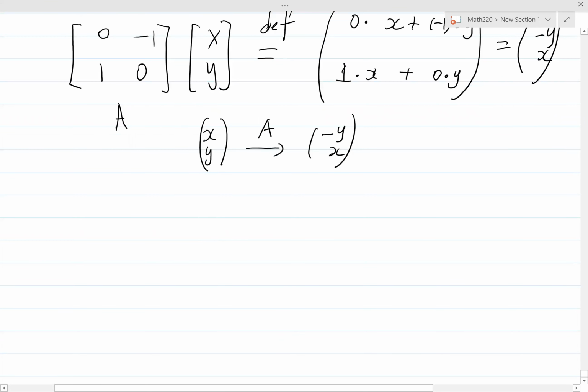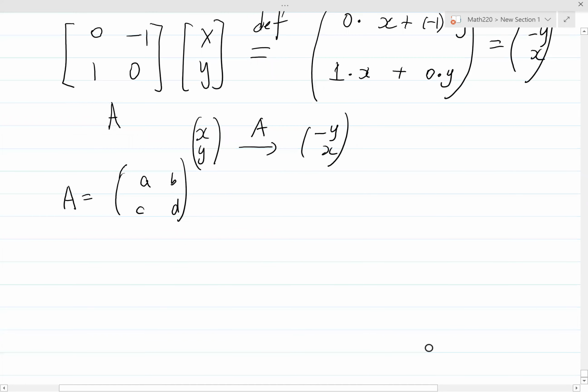Now in general, if we have A as this a, b, c, d, what does this mean? This means if we plug in I, the output is this vector a, c, which is aI plus cJ.